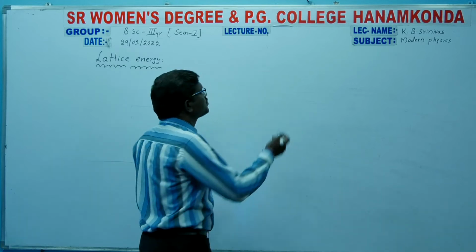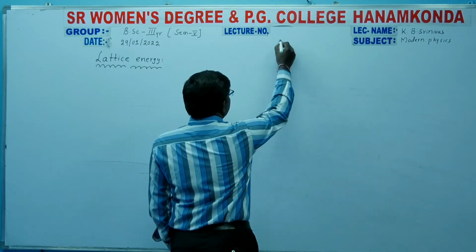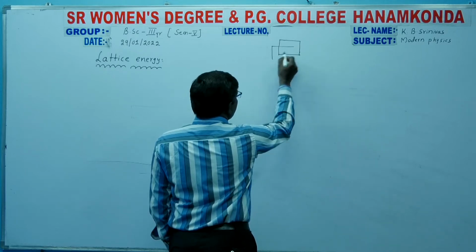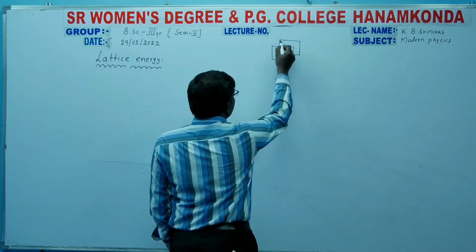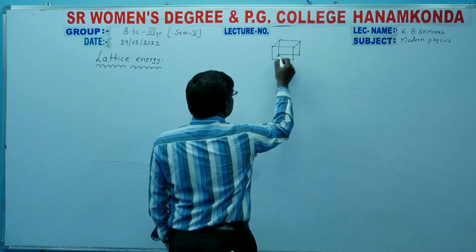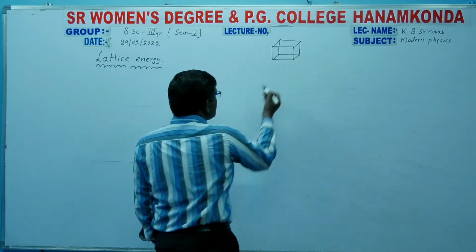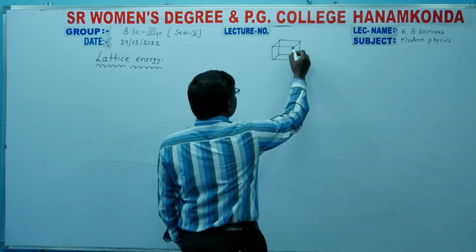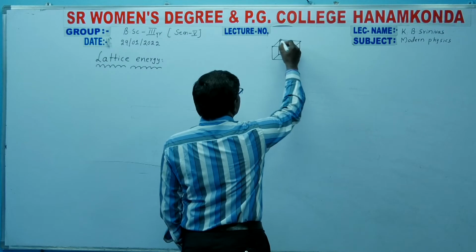Just remember, whenever we consider a crystal, the crystal has lattice points. What are lattice points? These are the positions of the atoms, the points at which atoms are placed.